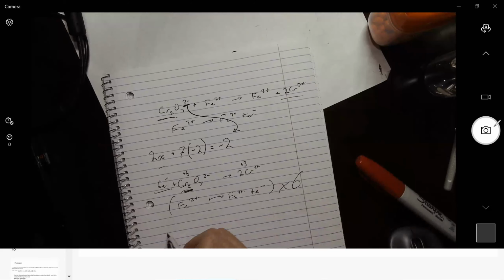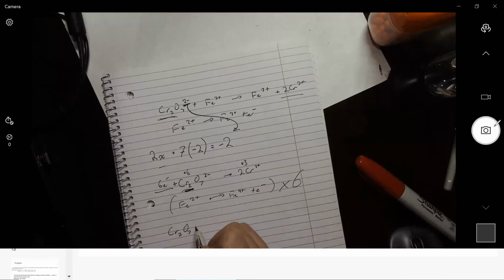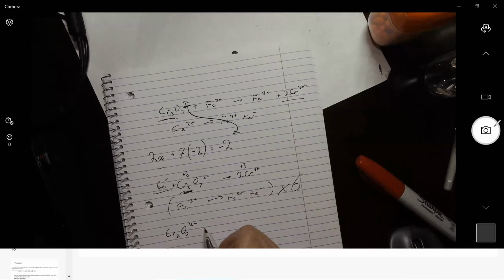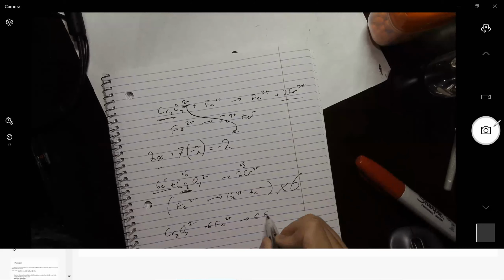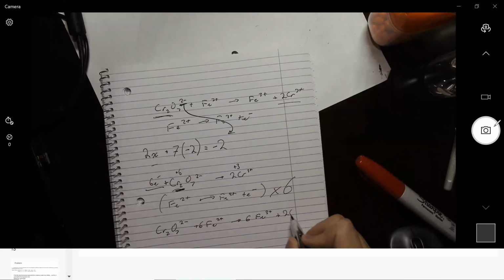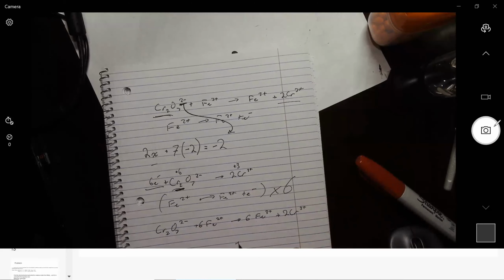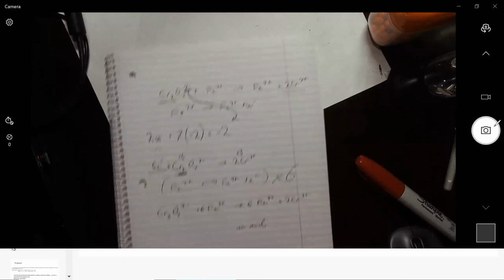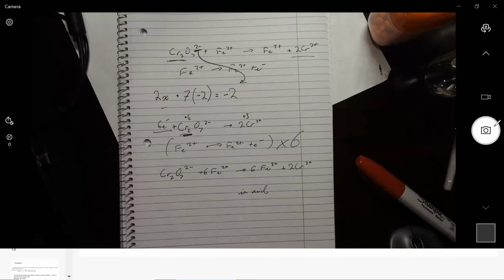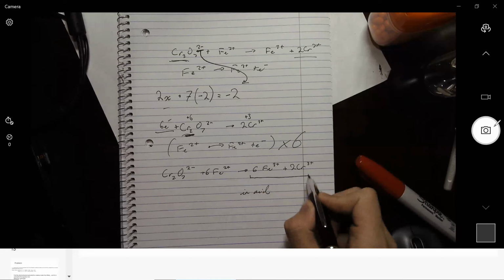And this is an acid. So what should we add? What should we do? Well, what's the total charge on this side?